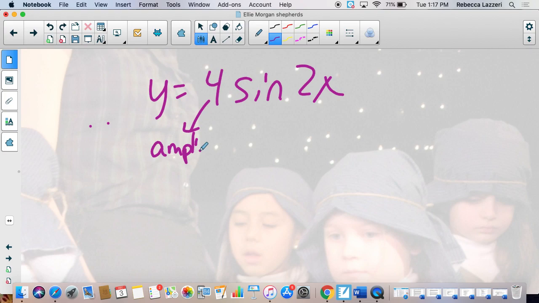The period, a normal period of a graph, I think we'd all agree should be 360 or 2 pi. If I throw something in front of it, what's happening is this. X is usually time in the real world. Okay, girls? X is usually time.